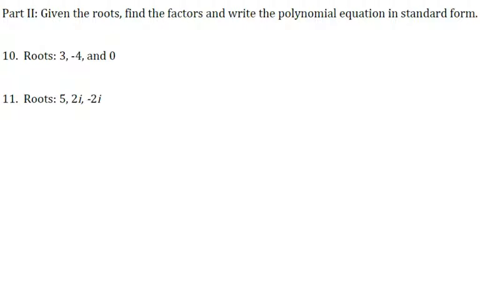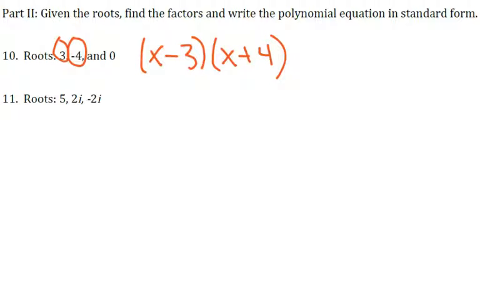So, part 2, given the roots, find the factors and write the polynomial equation in standard form. So this is kind of working backwards. Remember, positive means negative in parentheses, negative means positive. Well, for x equals 0, it'd be like x minus 0, which would just simplify to x. So we could have this, and then we could multiply it out.